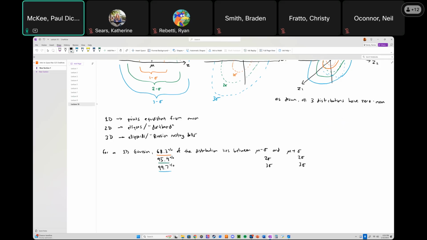This is only true in 1 dimension. In the 2D case, only 39.3% of the distribution lies within the 1 sigma ellipse.